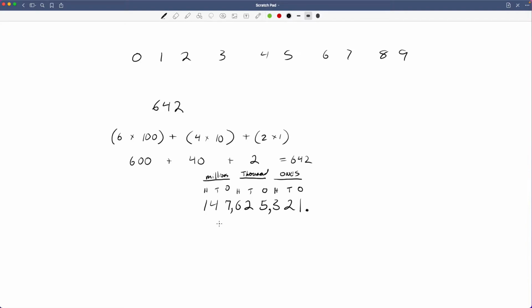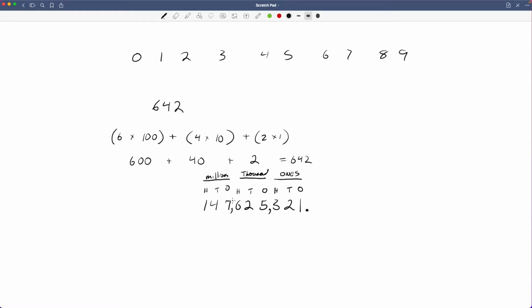And all that means, it's just a way for us to understand where it's located within the group. Every group after this, as the number gets bigger and bigger, repeats. It has 3 digits in each group, and each group is ones, tens, hundreds as it goes from right to left.